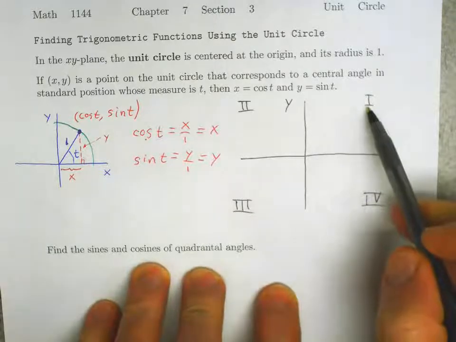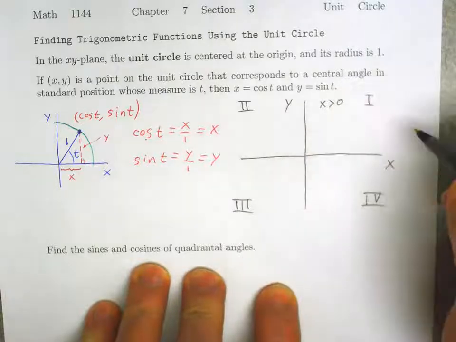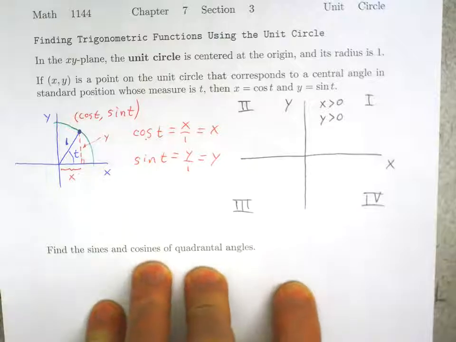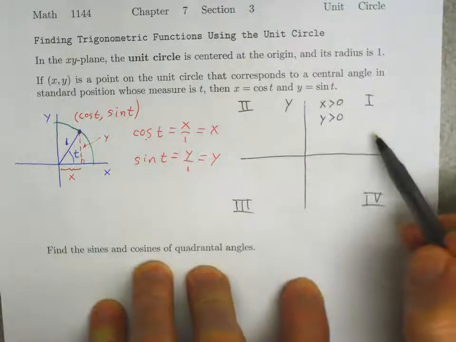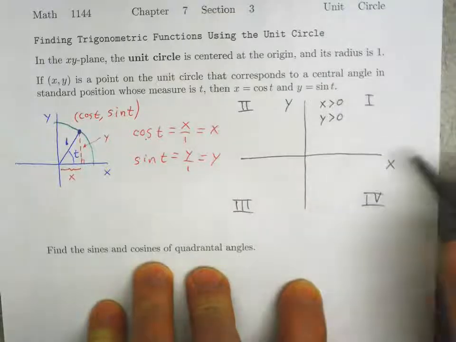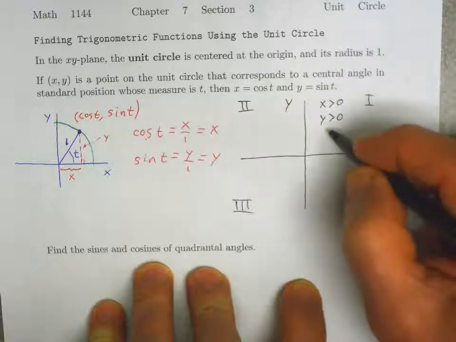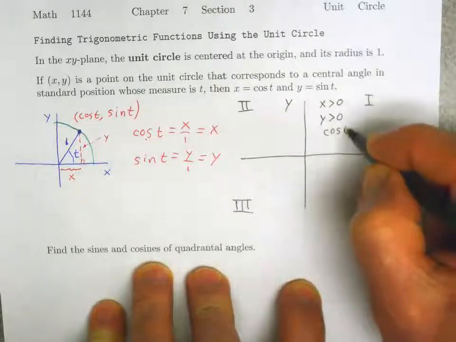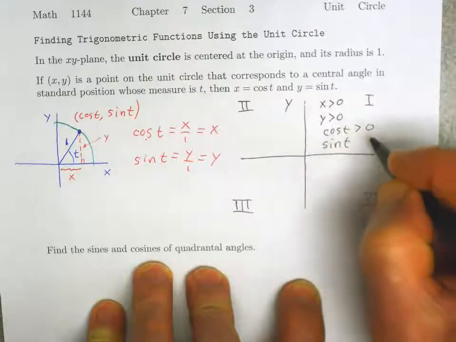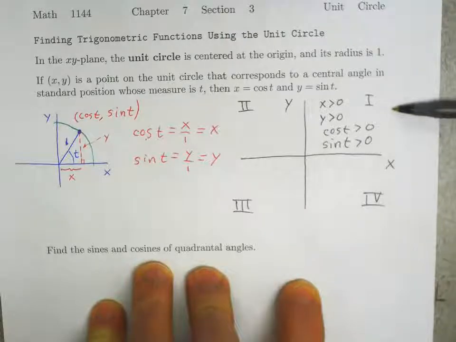So in the first quadrant, we know that the x values are greater than 0 and the y values are greater than 0. So what does that mean with regard to the trigonometric functions? Well, if t is an angle in the first quadrant, then cosine of t must be positive and sine of t must be positive because the x and y coordinates are positive.